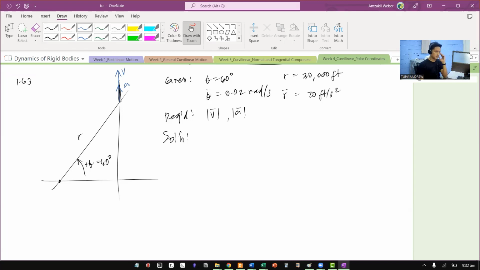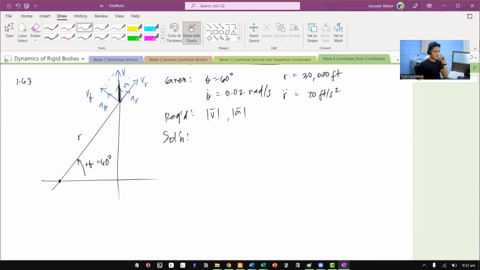And these are resultants. So if we're going to decompose these two into transverse and radial axes, we have something like V_r here, V theta here. And for acceleration as well, we have A_r here and A theta here.